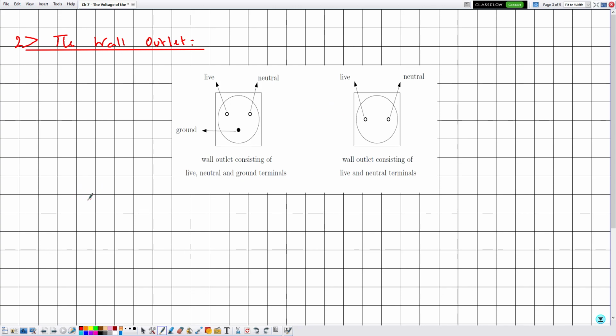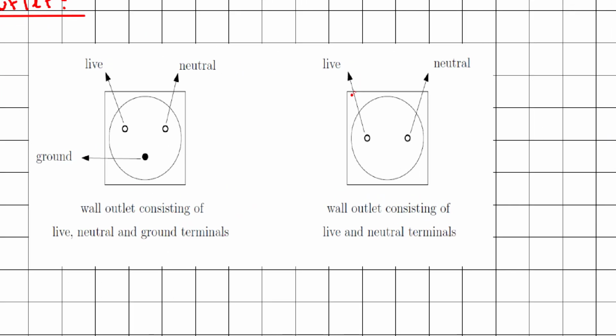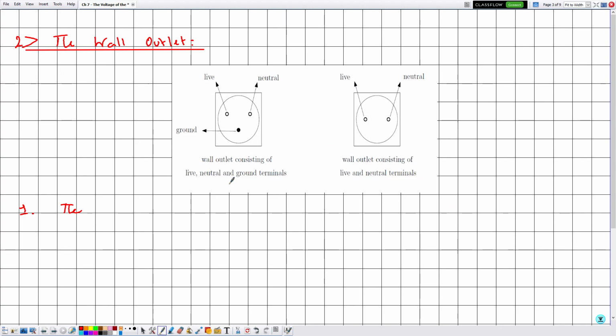Let me write idea number 1, which is the voltage of the mains. Recall that these wall outlets provide the voltage of the mains. The voltage of the mains supplied across the wall outlet is, for example, an alternating sinusoidal voltage.